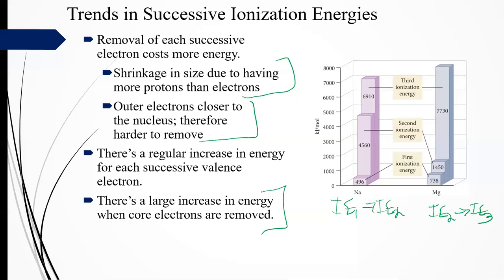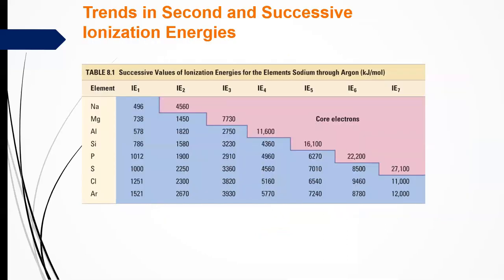So where that jump occurs tells you how many valence electrons it had. And then that next one where the jump happened, that's when we got into a core electron. So sodium, we could remove one electron from it, and then we felt the jump when we removed the second. So that means that sodium should make an Na+.